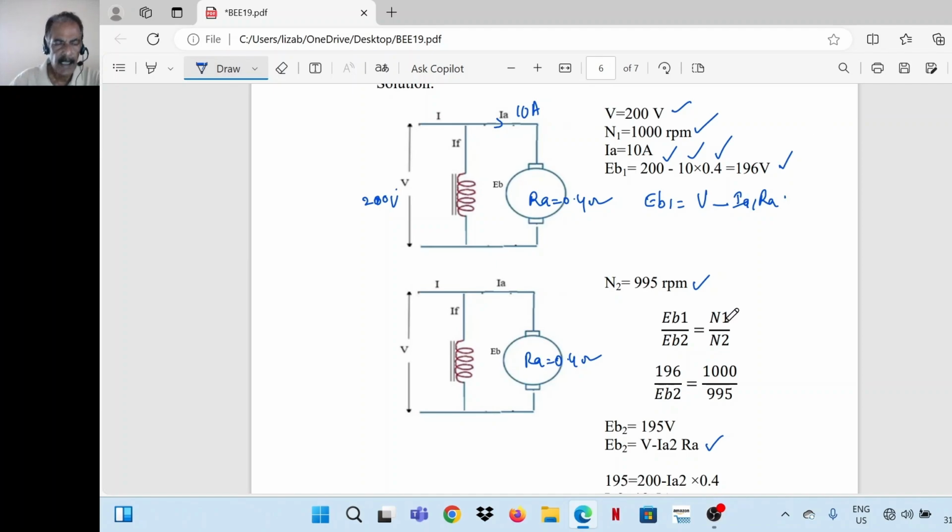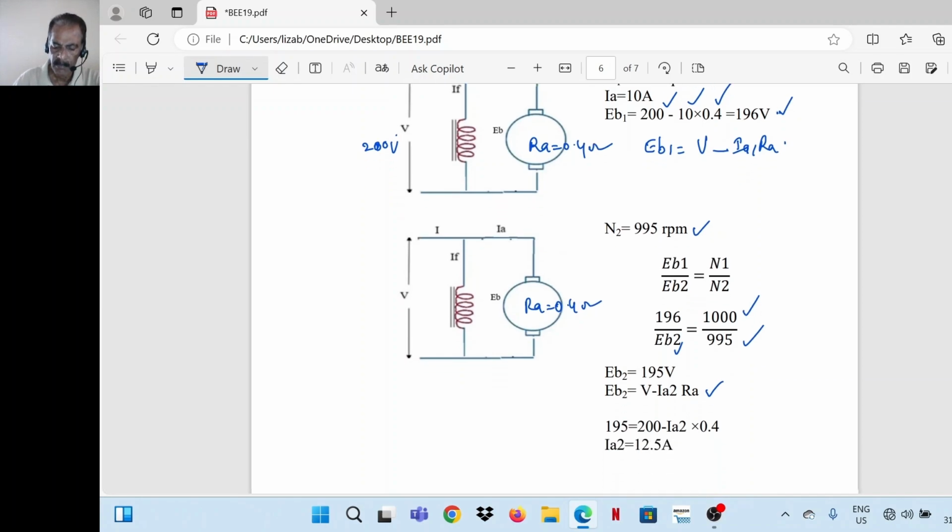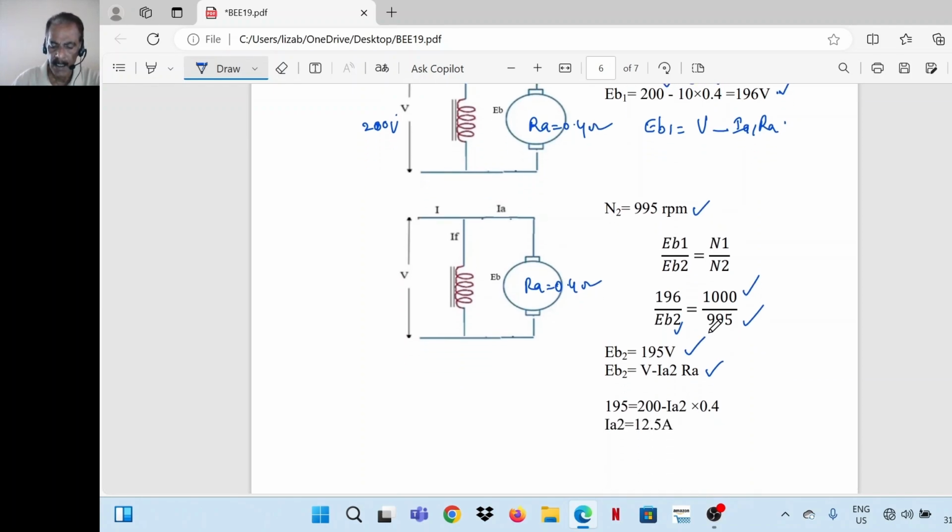So in the second case, when the motor is loaded, speed reduces to 995 rpm. So EB1 by EB2 is N1 by N2. So EB1 is 196, EB2 we have to find out. Speed in first case 1000 rpm, speed in second case 995 rpm. So from that EB2 is equal to 195 volts.